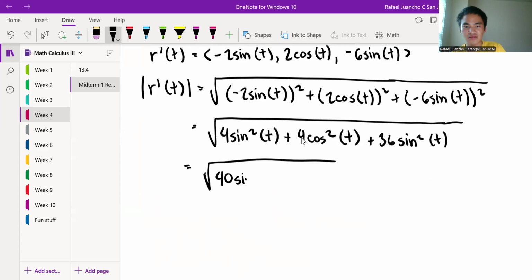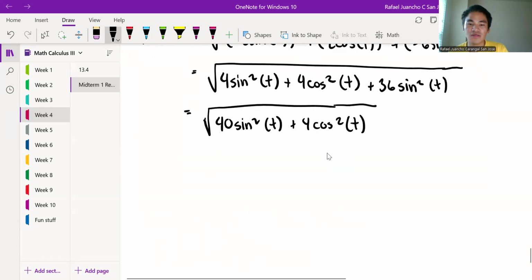So we have 4 sine squared of t plus 4 cosine squared of t. Okay, have I simplified it? Well, not really. In fact, there's another way I could have written this.